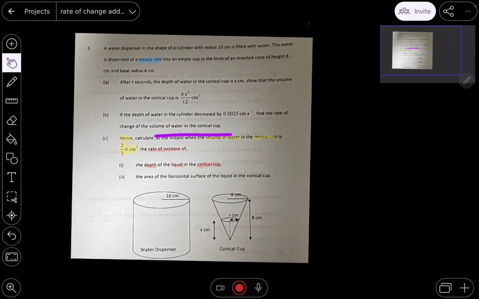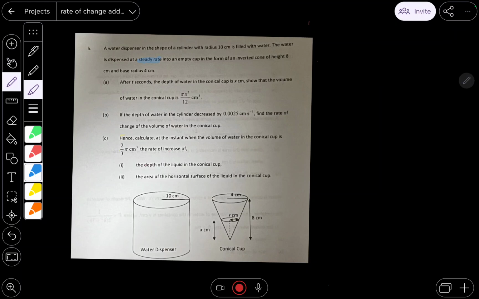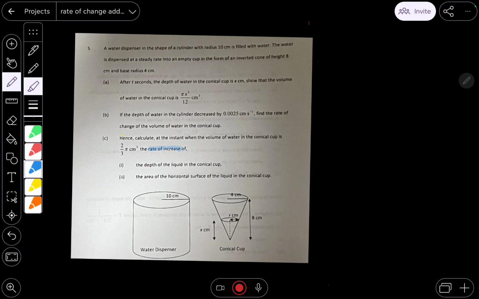Okay, so let's look at part 2. You have to find the rate of increase of the area of the horizontal surface of the liquid in the conical cup.